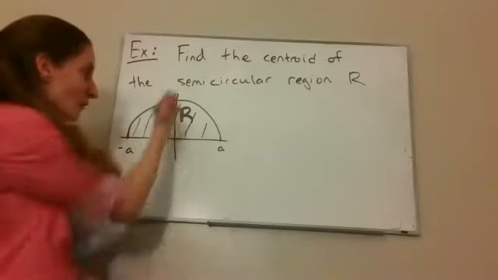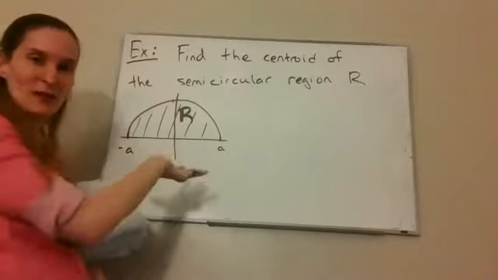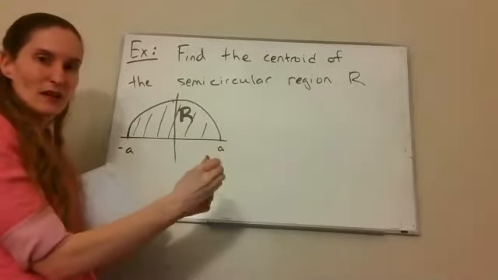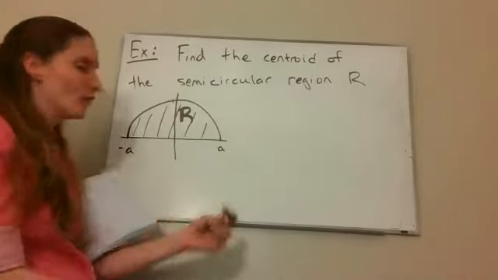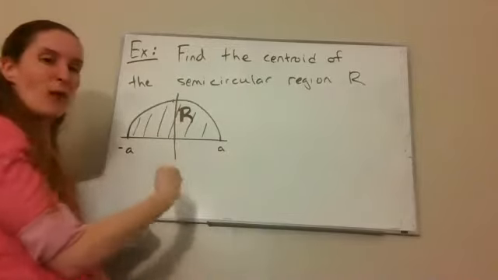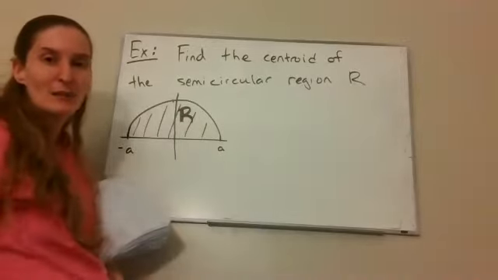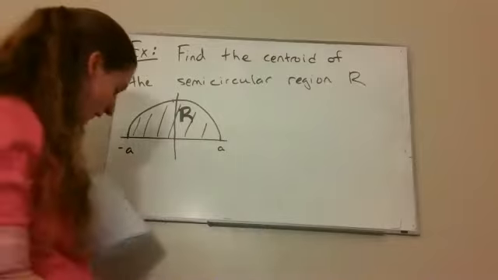Yeah, this y-axis. If you picture this being flat, balancing it horizontally on a knife, you could put a knife right along this y-axis and it's perfectly balanced on both sides and it can stay balanced.